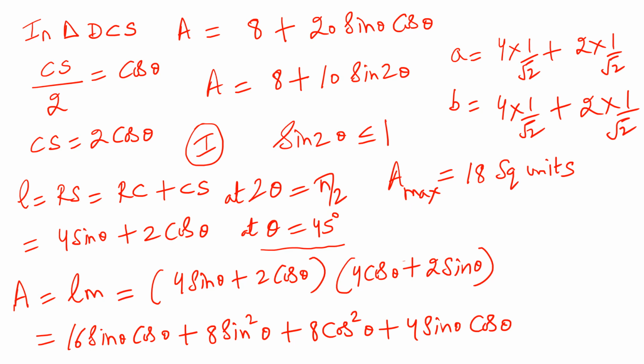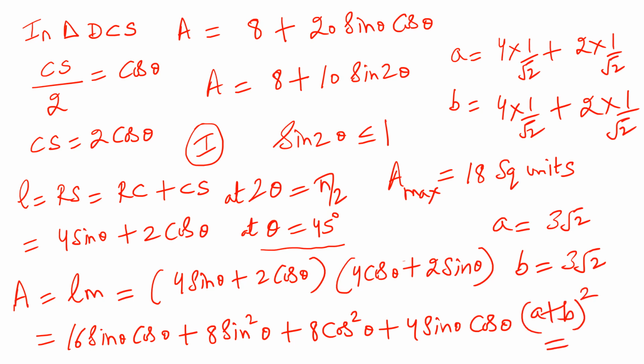So that means the values of A and B become 2 root 2 plus root 2, that is 3 root 2, and B also becomes 2 root 2 plus root 2, that is 3 root 2. So now the value of A plus B whole square comes out to be 6 root 2 whole square or 72. So hence option A is the correct one.